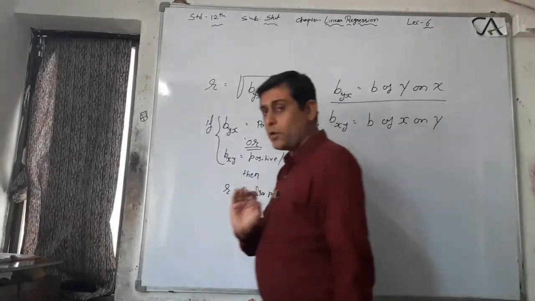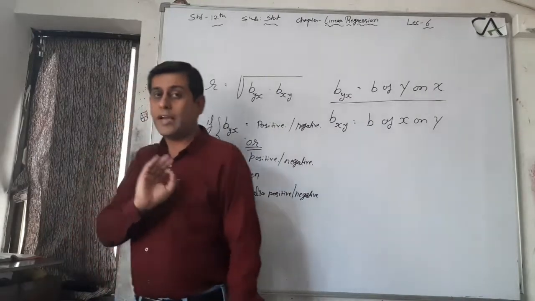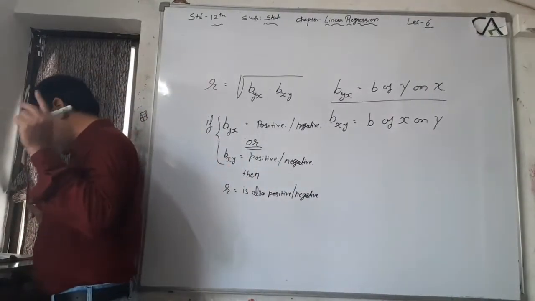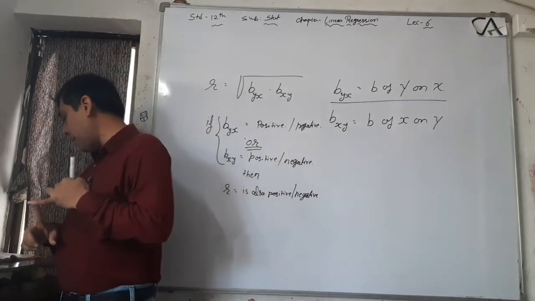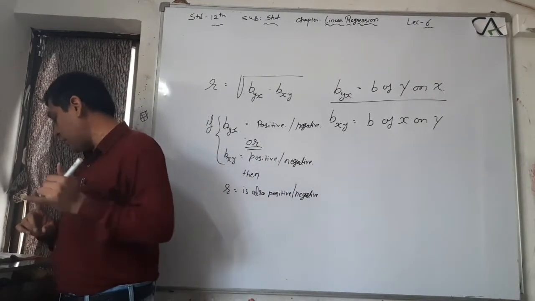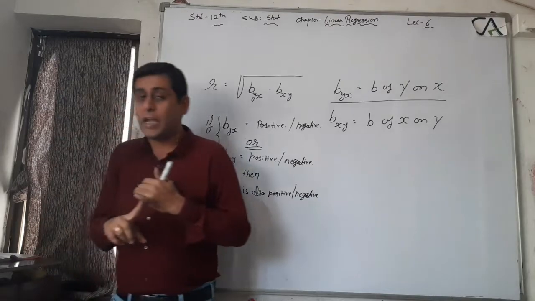This is important for your MCQ as well as SQ questions. Now the second one: regression coefficient is independent of change of origin but not independent of change of scale.